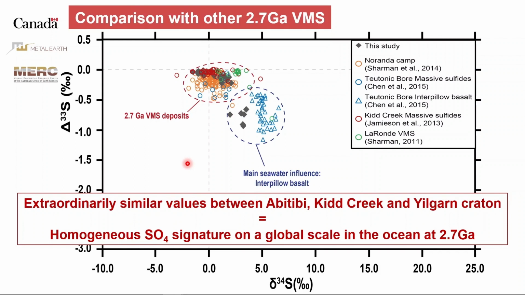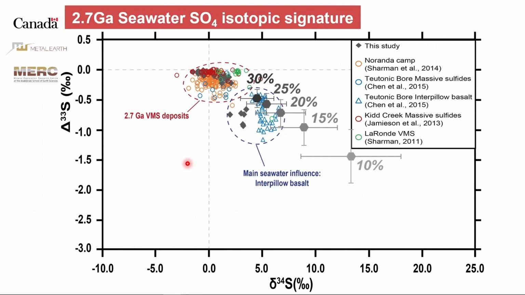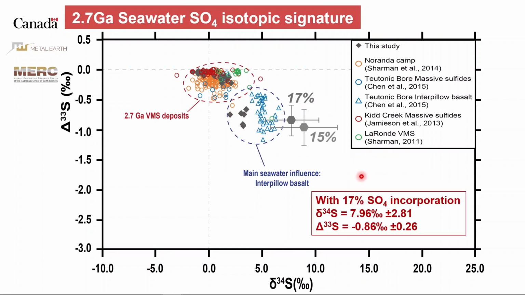But anyway, let's go back to determining the exact isotopic signature of the oceanic sulfate. With this variation of proportion, we can discard all of these values because we cannot explain the isotopic signature of the interpillow and the exhalite. The 10% is a bit far from that.